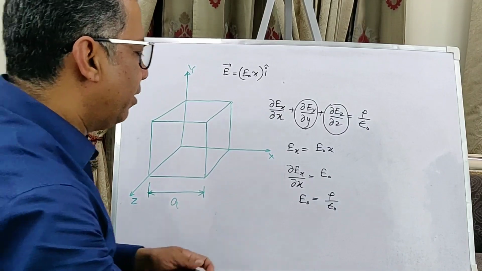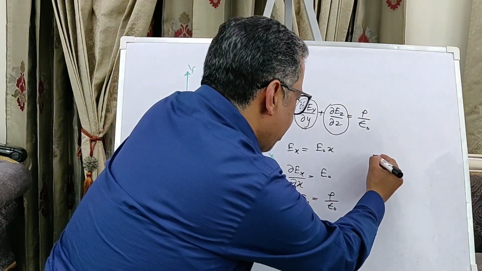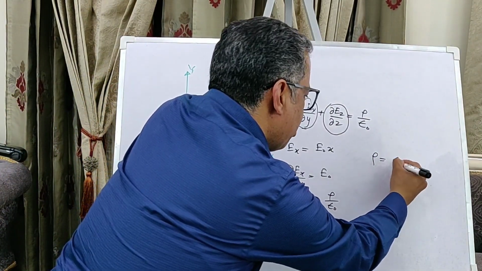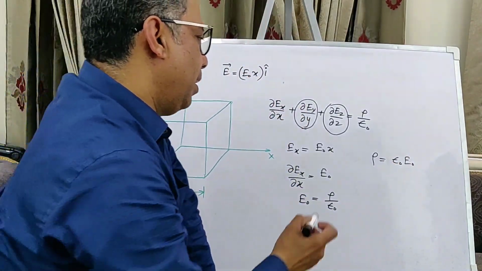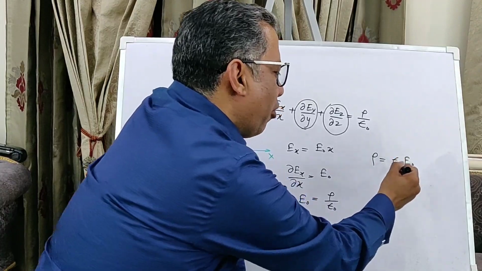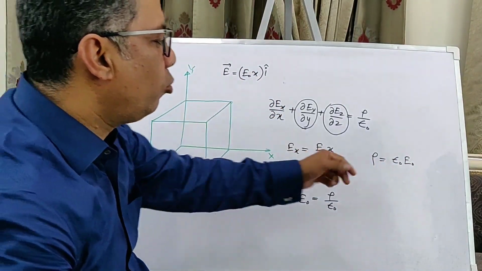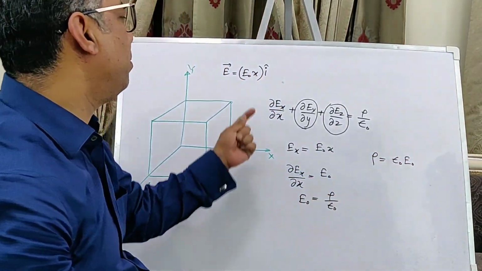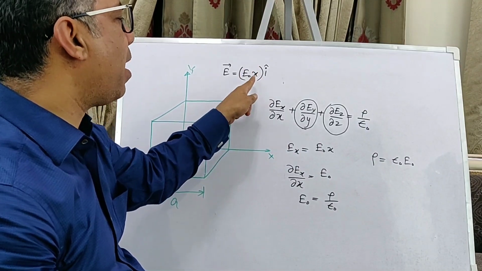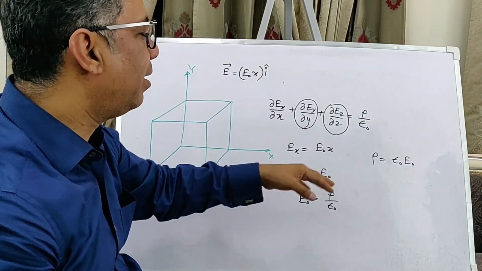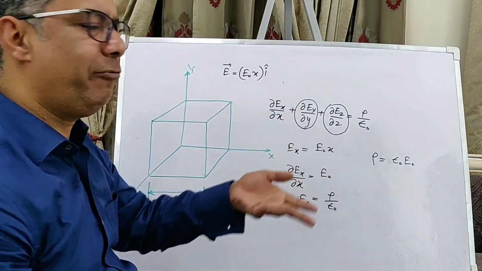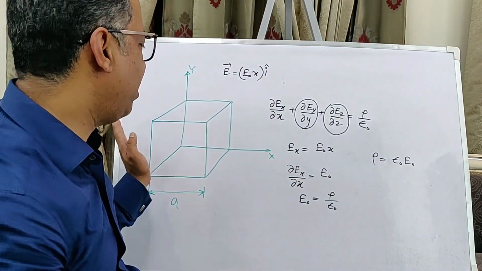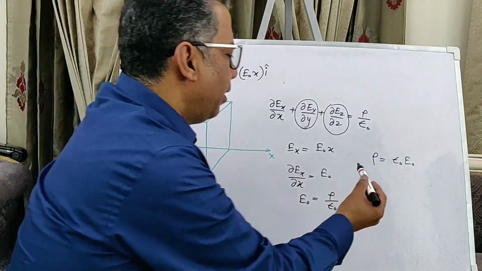And from here we can easily calculate rho, which comes out to be epsilon naught times E naught. So we now have the volume charge density inside this cube, which happens to be constant because the power of x here was 1. If it was variable, then the rho also would be variable and would lead to a more interesting solution.